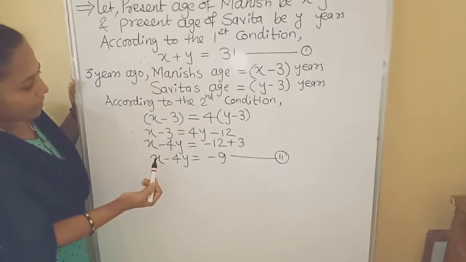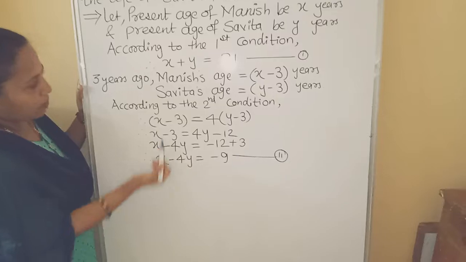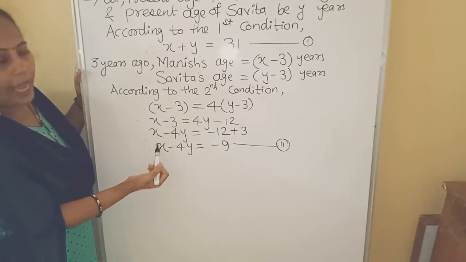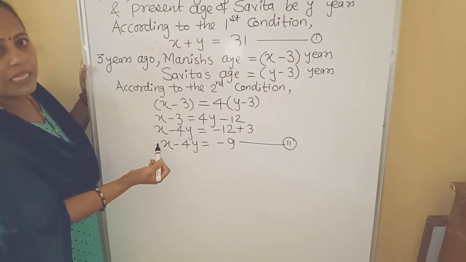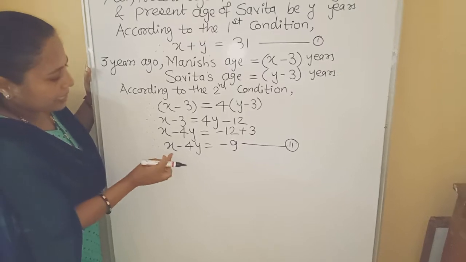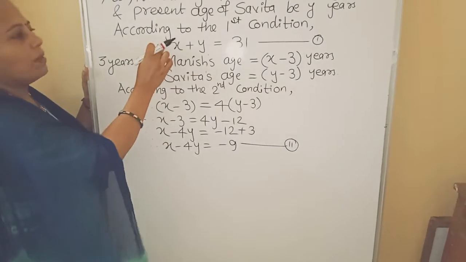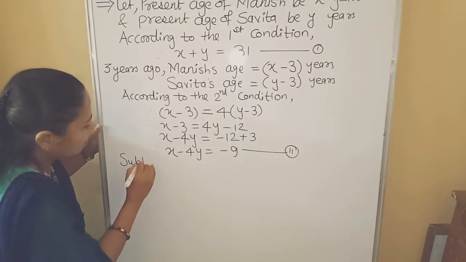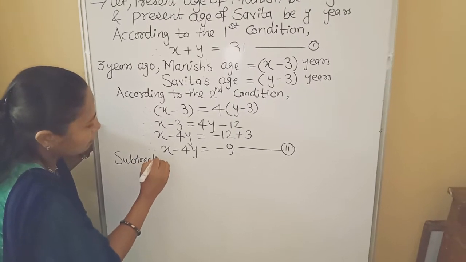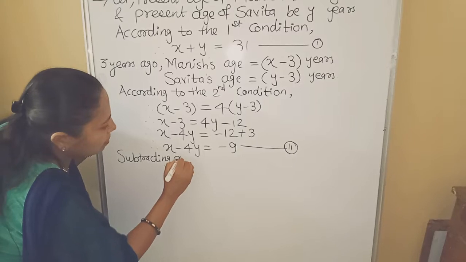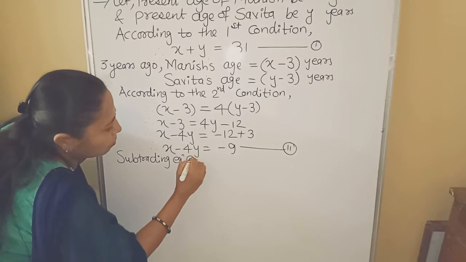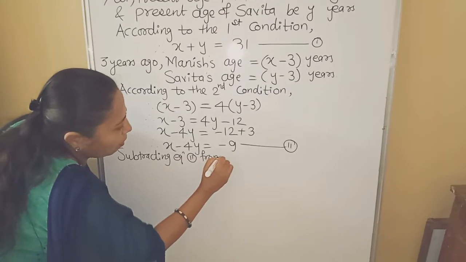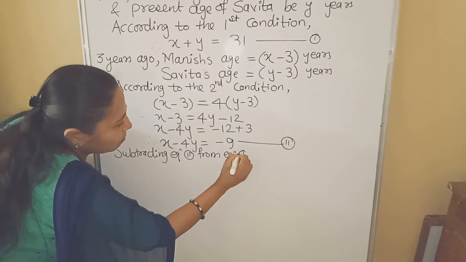Now in both equations, the x variable coefficient is equal and it has a plus sign. So we will subtract. Subtracting equation 2 from equation 1.